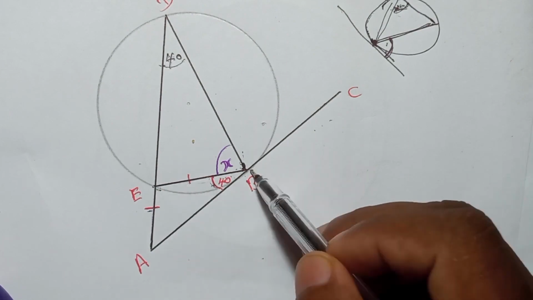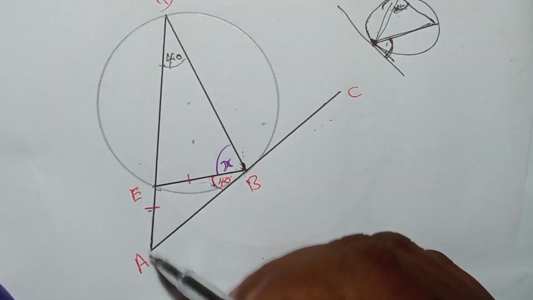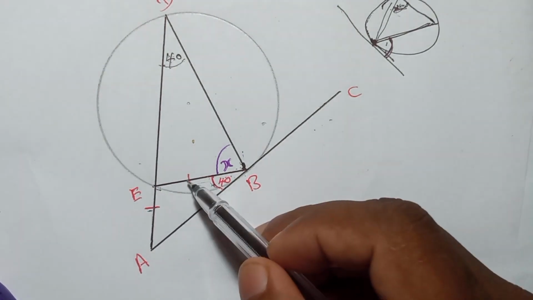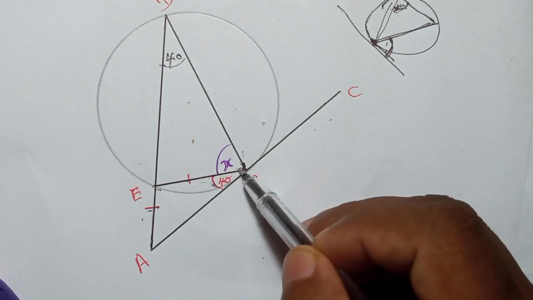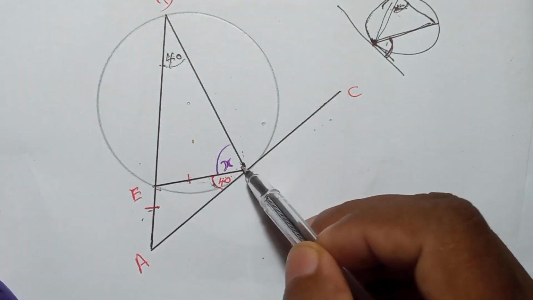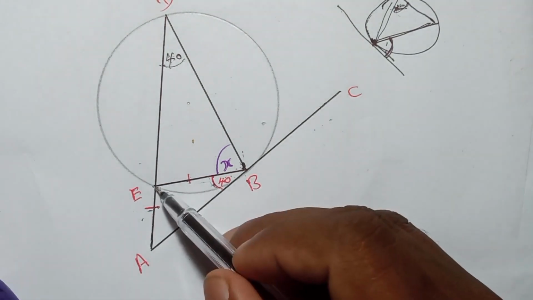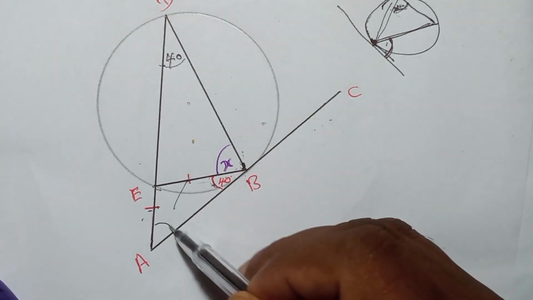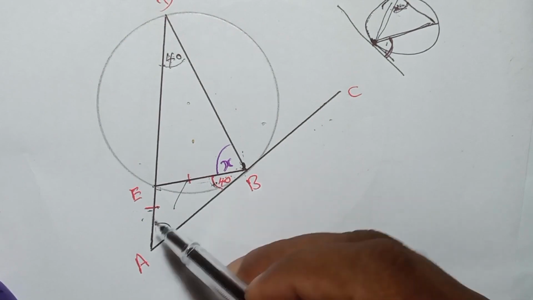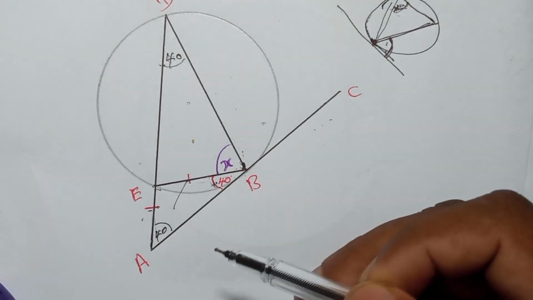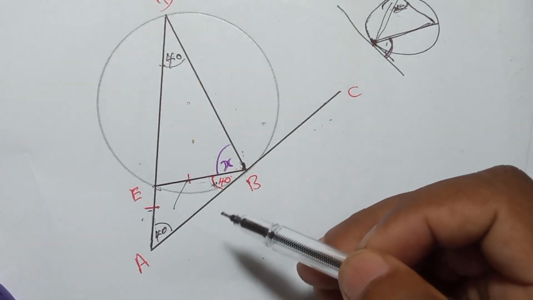Anyway, EB is equal to EA, they tell us here. So the opposite angles of these equal sides are equal, that means if this is 40, this also 40, right. Try to understand that also.